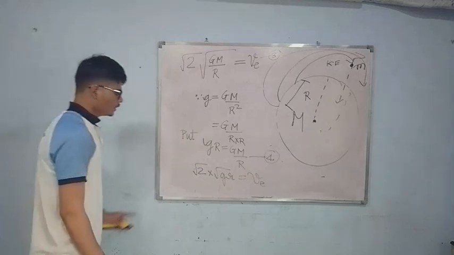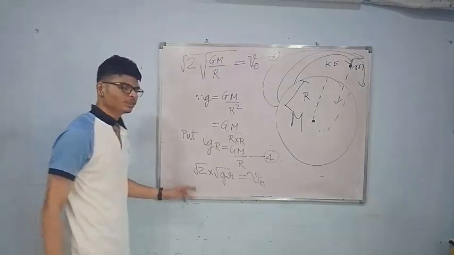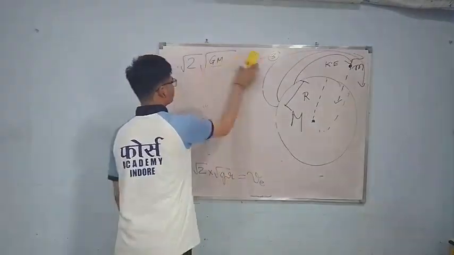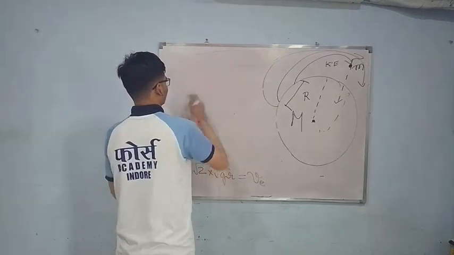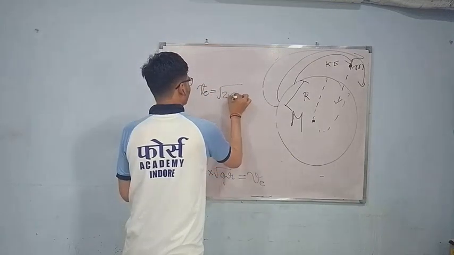So Ve, the escape velocity of Earth, is equal to root of 2gR.